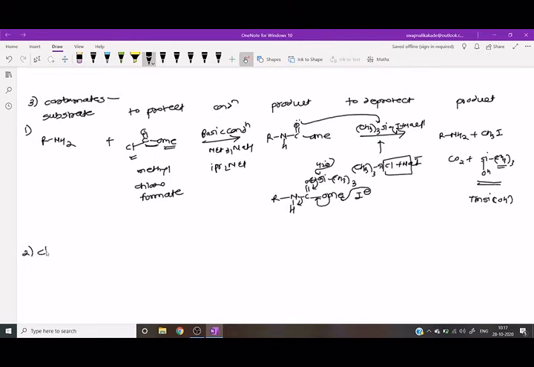Next, by forming CBZ. CBZ means benzyloxycarbonyl group. Second method by forming CBZ.